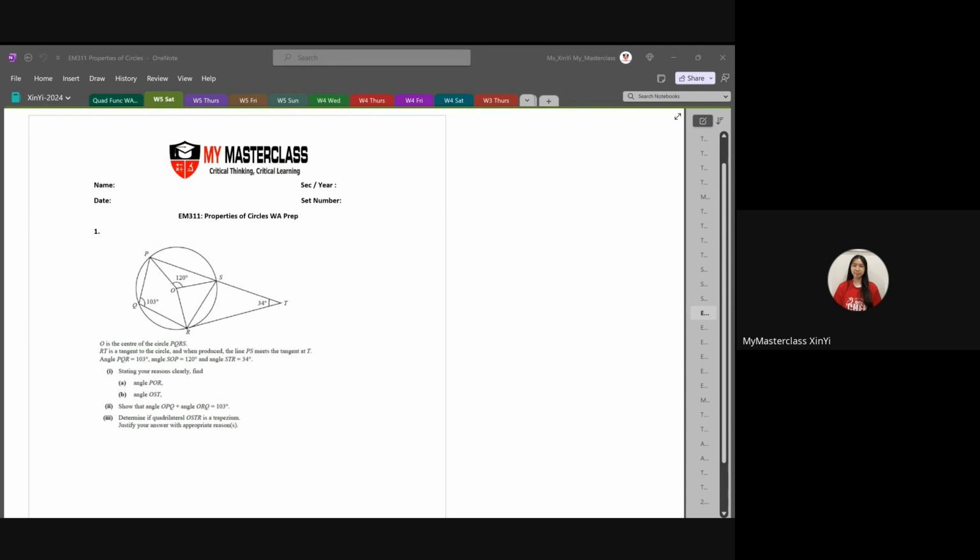That is the tangent. So from the center here, it cuts through the tangent on this side.